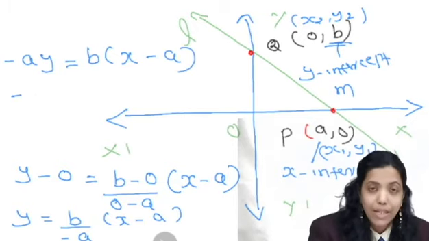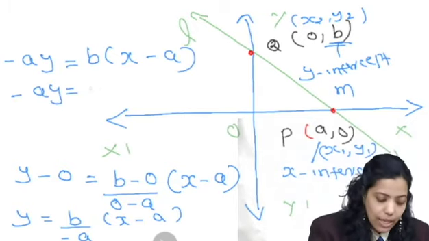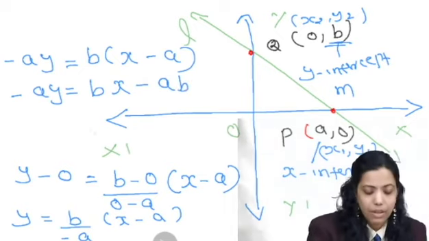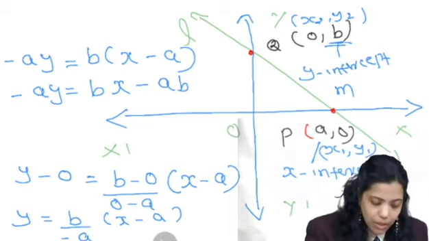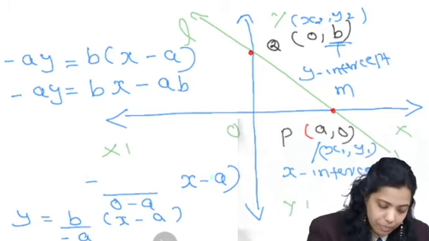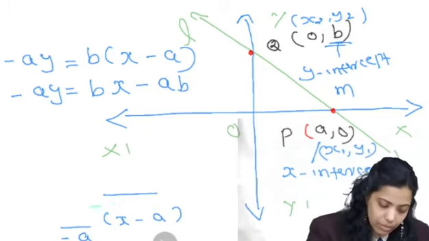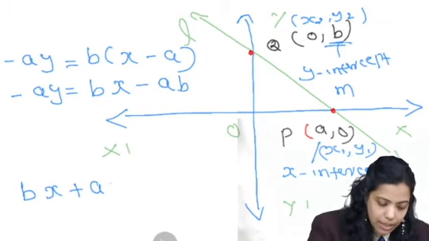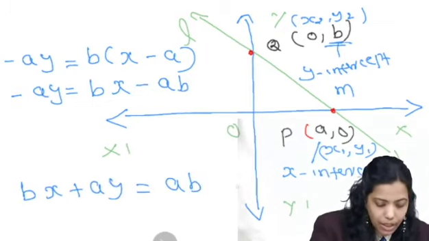Let's open that right hand side. So negative a times y equals bx minus ab. So we can transpose here, and we are getting bx plus ay equal to ab.